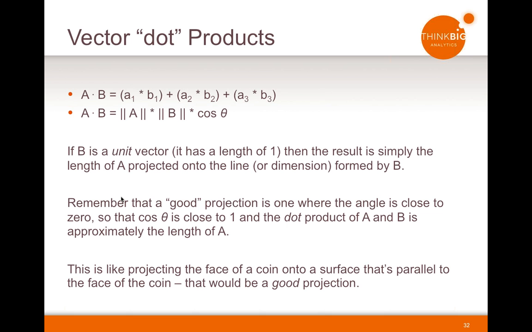The angle between the face of the coin and the surface of the plane they're projecting onto is 0. So that's a good projection. That's what we're looking for: finding good perspectives to project our data onto, as opposed to bad projections where the angle is close to 90 degrees, so that if it's perpendicular, you really don't get any added value.